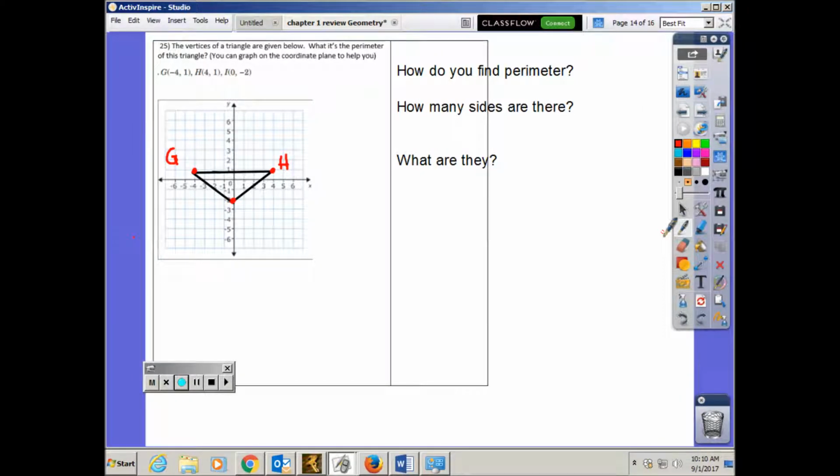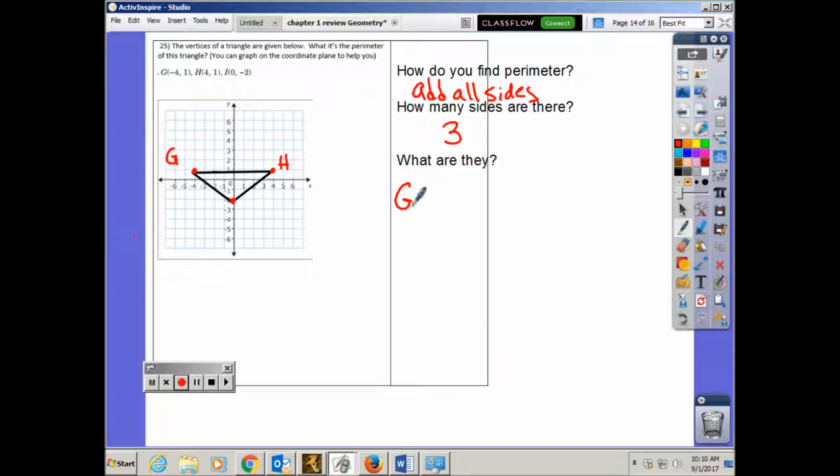Okay, so how do you find perimeter of a shape? You add up all the sides. And in this problem, how many sides are there? 3. What are they?